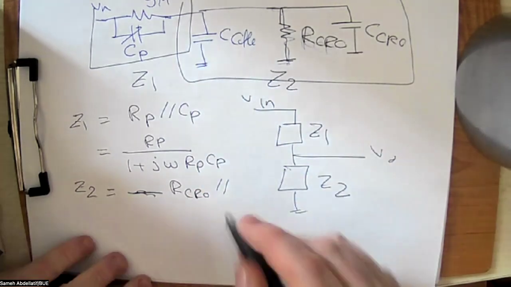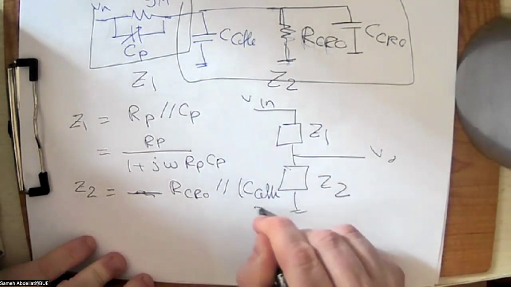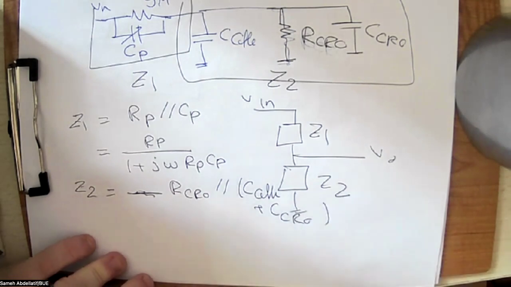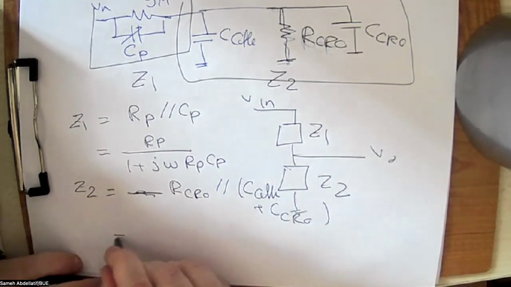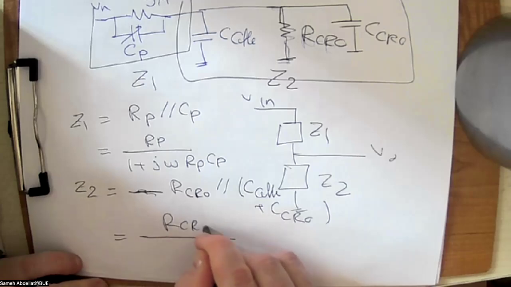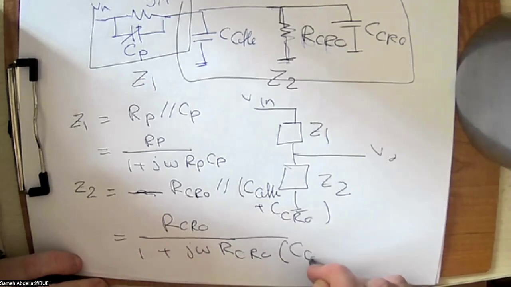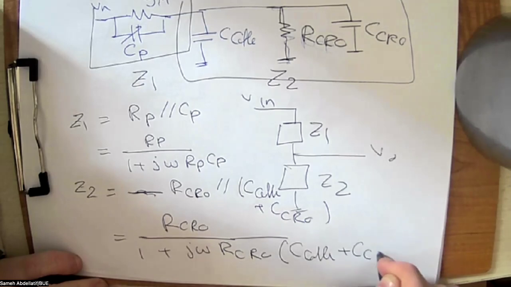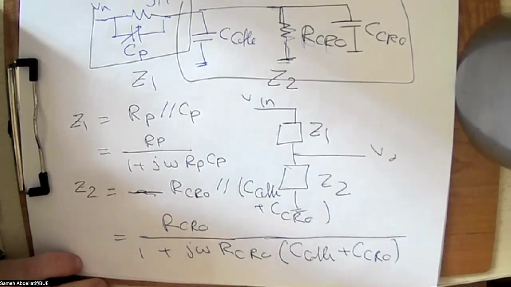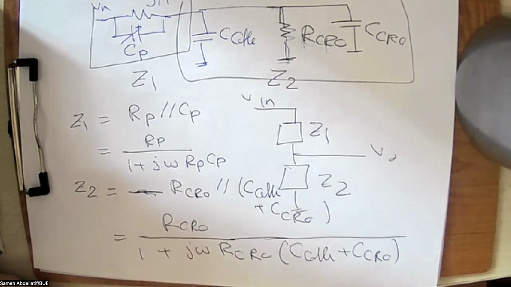So it's the parallel of C cable plus C CRO. Their equivalent will be R CRO over 1 plus j omega R CRO (C cable plus C CRO). This is simply what you are going to do, so you now have an equivalent between these two impedances.